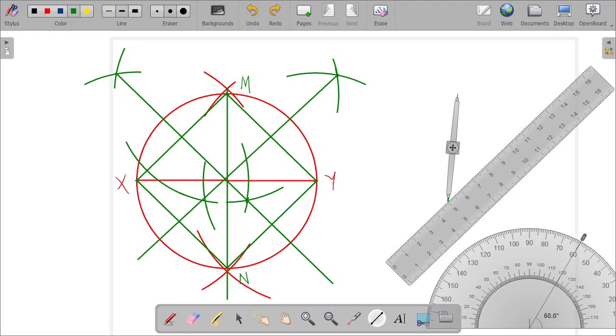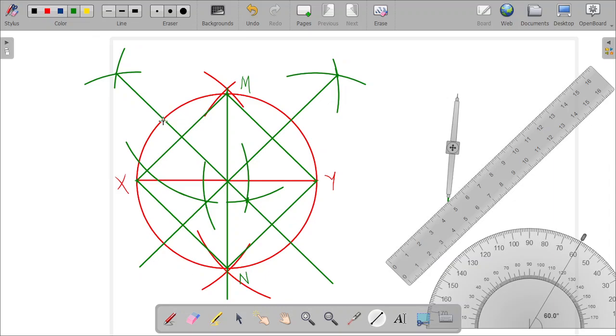Now this bisector is bisecting both line MY and at the same time line XN. All right. So now for us to get our inscribed octagon, I have to join these points.